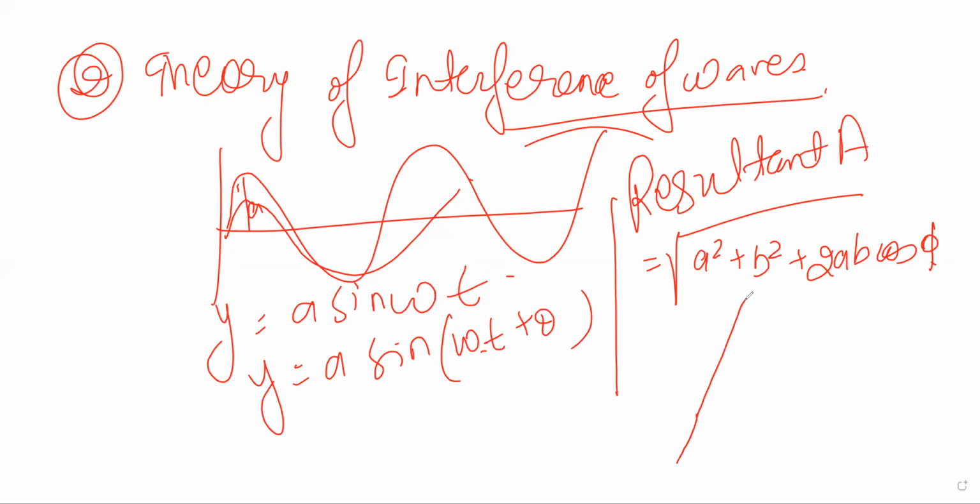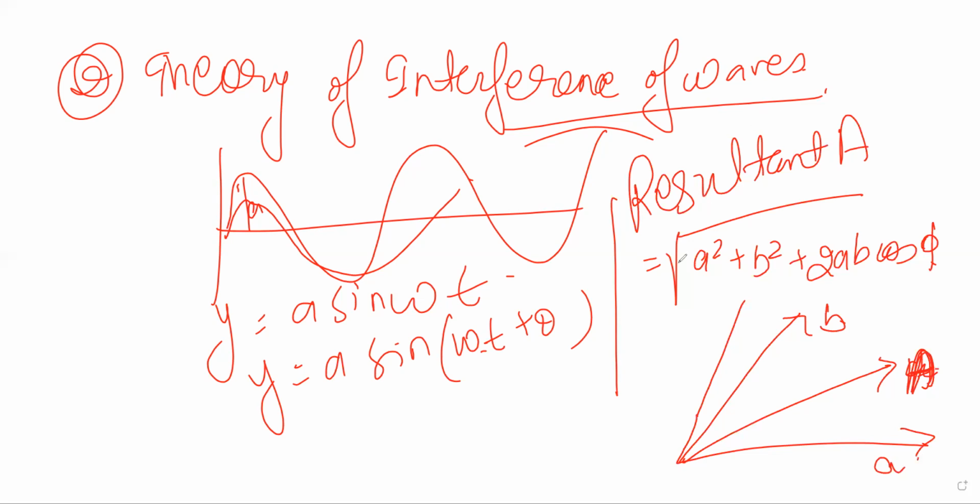How does it become this? Suppose I have taken a vector quantity like this is my A and this is my B, okay? And this one is the resultant A, and this one is the small a. So the resultant A, we have already studied in class 11 how to find out the resultant wave.